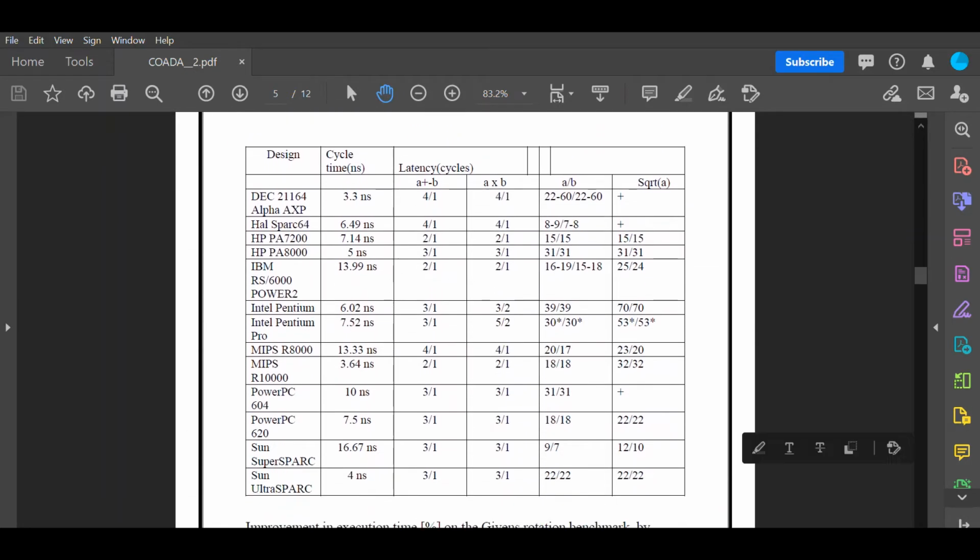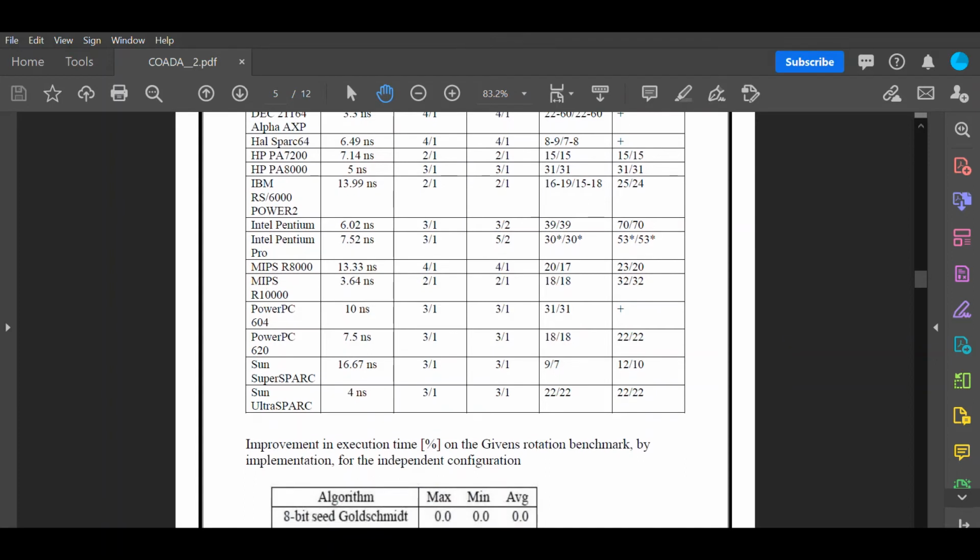Here it also shows the cycle time in nanoseconds, and the latency cycles for addition and subtraction, multiplication, square root, and divide.